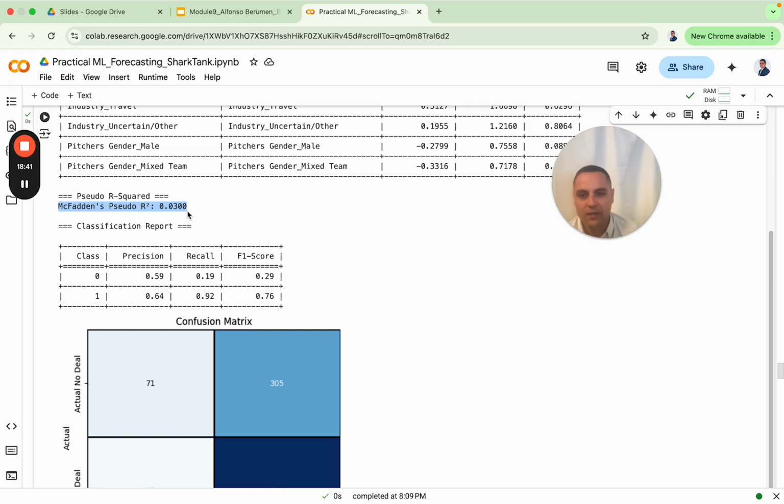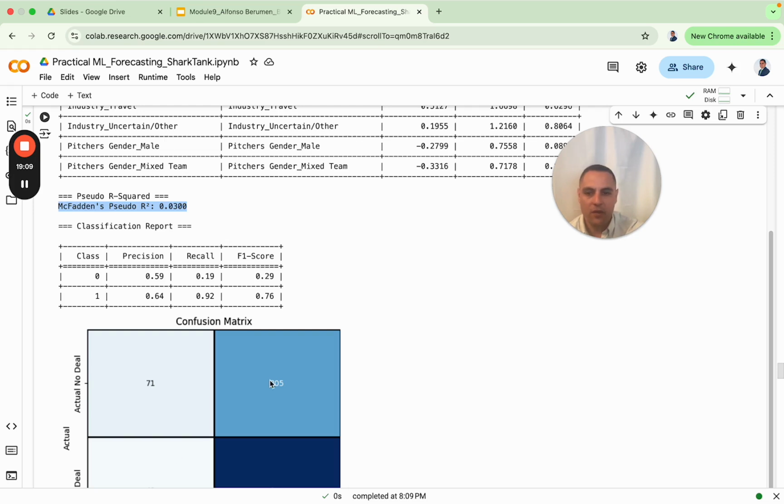Only about 3% of the variance in got deal. So we're not really very happy with this, right? So a possible fix would be to add some additional variables, but we're not really happy with that 3% R squared or pseudo R squared. We definitely want that to be closer to 1 or 100%.